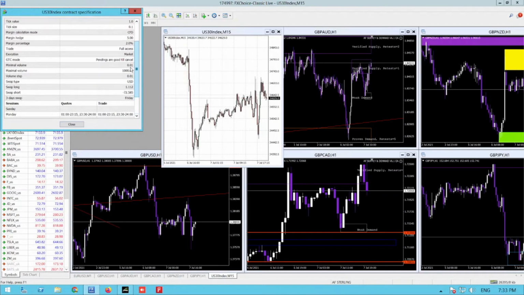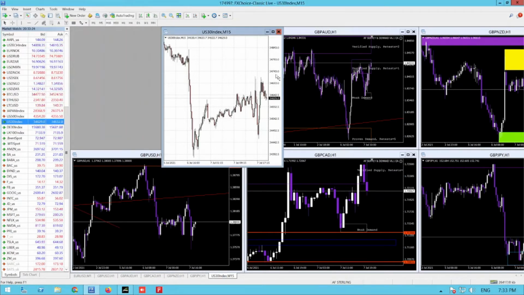But what I was actually looking for is how they measure it. Nevertheless, you can see the decimal point is completely different. This is a 5-digit broker. Over here you can see where the decimal point on the GBP or the CAD is different, so the pips will be measured completely differently from this asset to this asset.